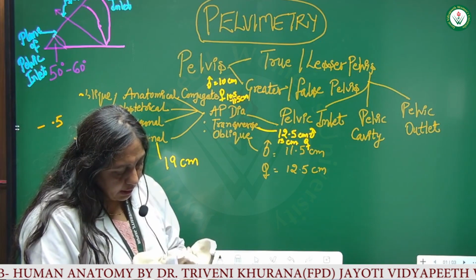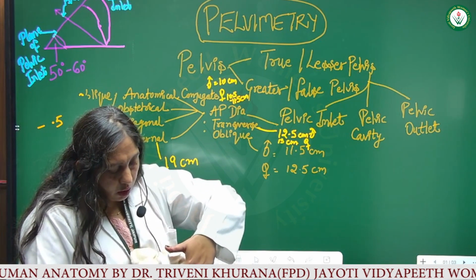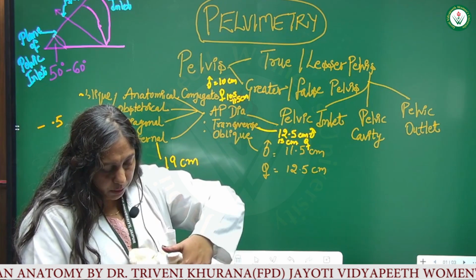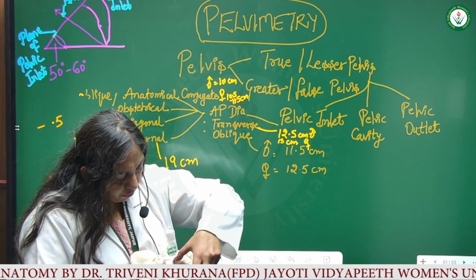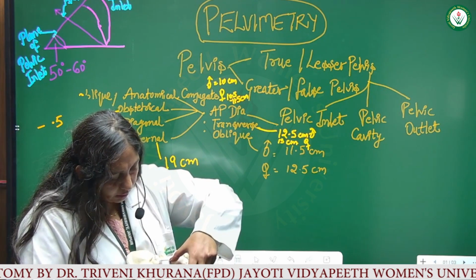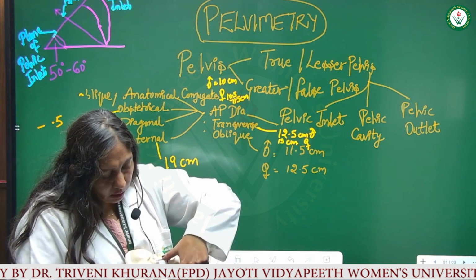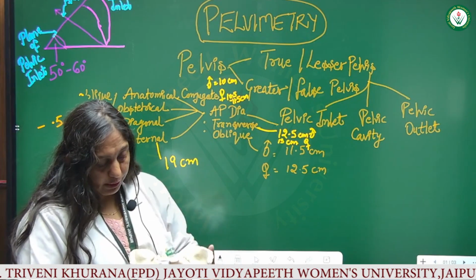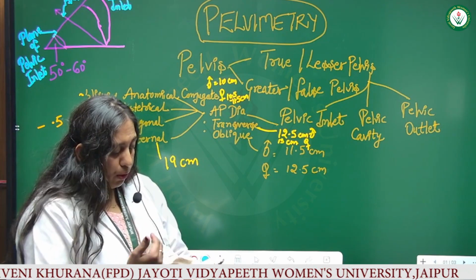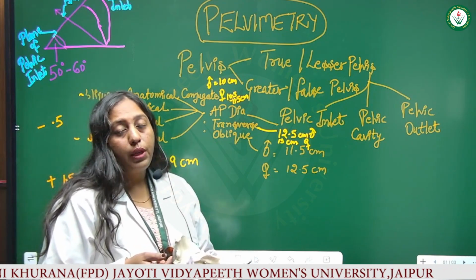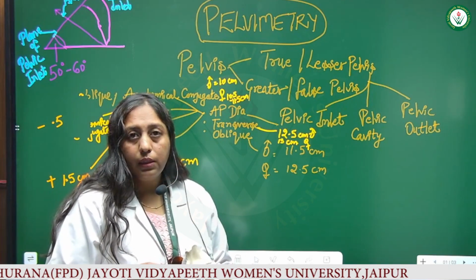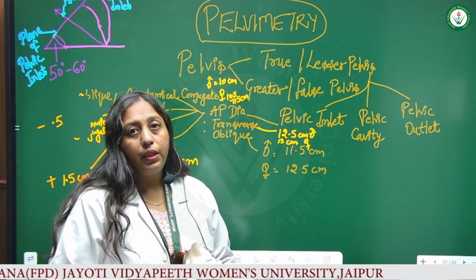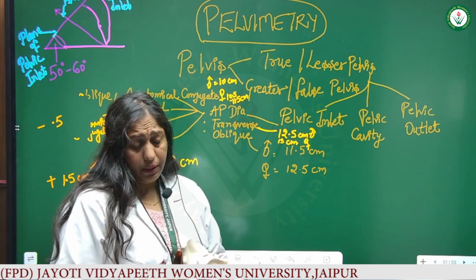When we put the scale on the anterior upper boundary of the pubic symphysis up to the midpoint of the sacral promontory, this is normally 11 centimeters. 11 centimeters is the anatomical conjugate. In the anterior posterior diameter, we have another two diameters known as the obstetrical diameter and the diagonal diameter.